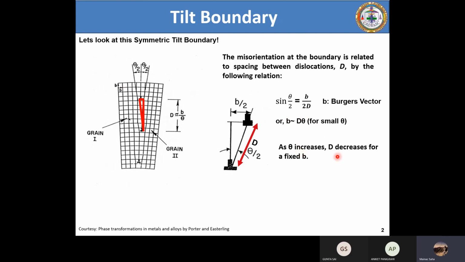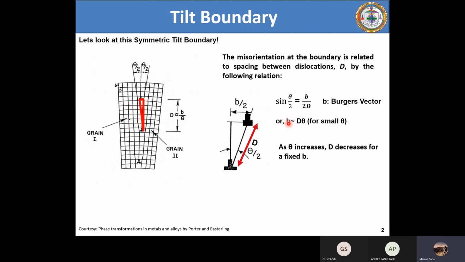Now coming back to the point. If you are increasing theta, this B is constant. Why? Because B is the Burgers vector of the dislocation within the bulk. For example, iron's Burgers vector at room temperature will remain the same, unless you change the temperature, or unless there is a phase transformation, or unless you deform the material. This B is not going to change at all.